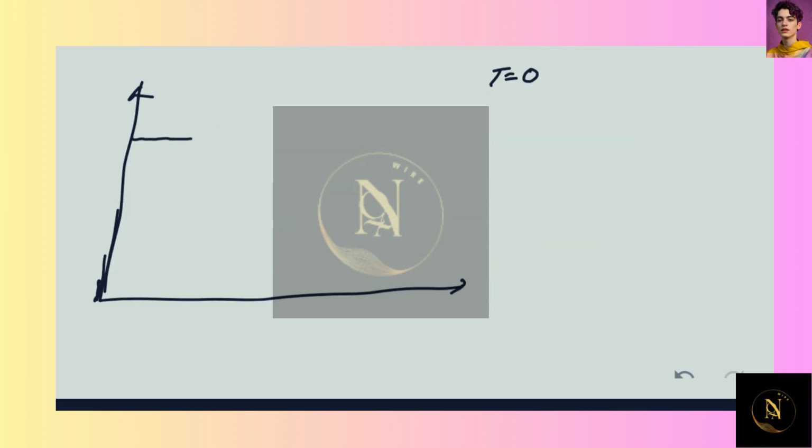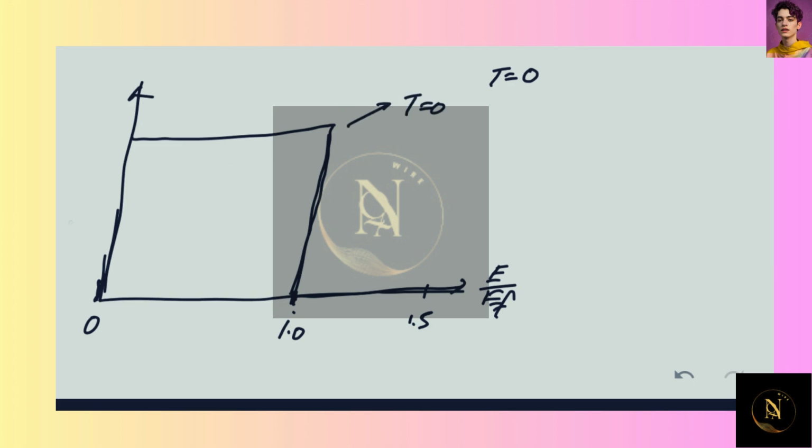So this is actually a very straightforward curve. It goes straight down to 0 once it passes the point when E over EF is 1. So this is t equals 0.